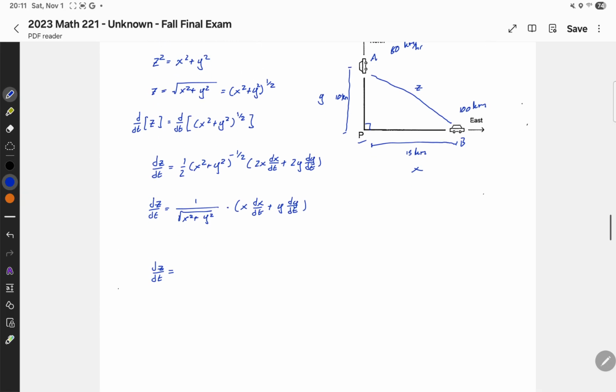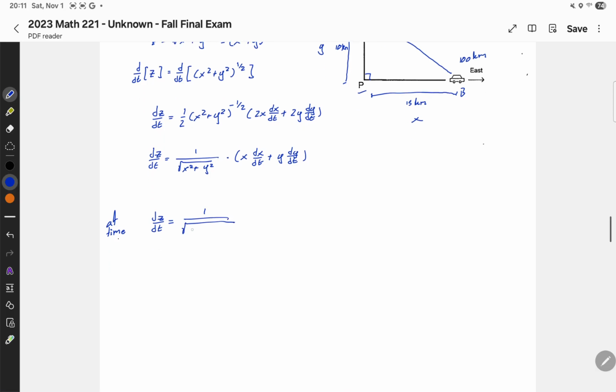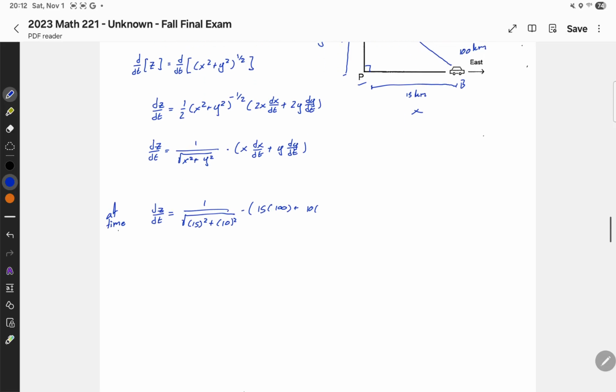So at that time, we have 1 over the square root of 15 squared plus 10 squared, times x is 15, dx dt is 100, plus y is 10, dy dt is 80, I do believe, yep.